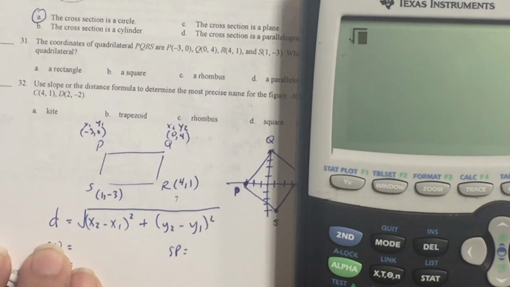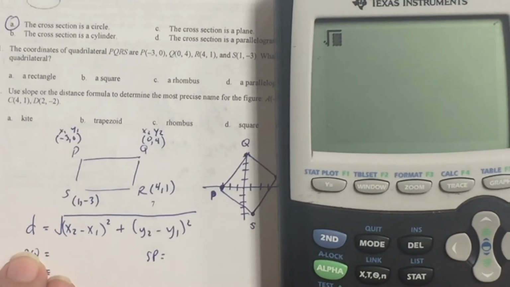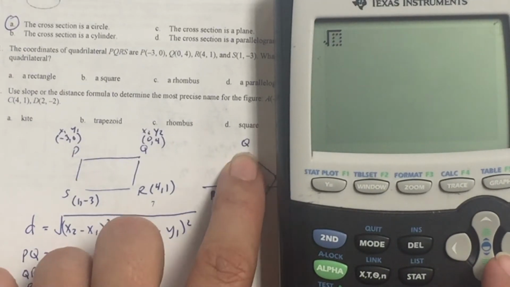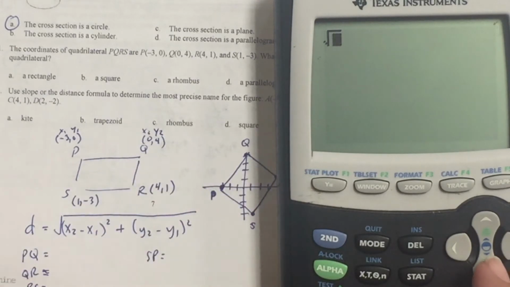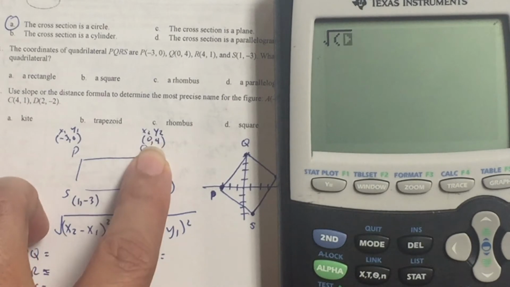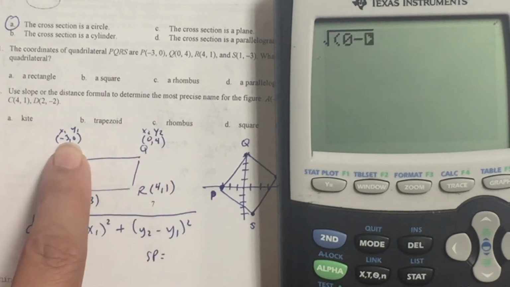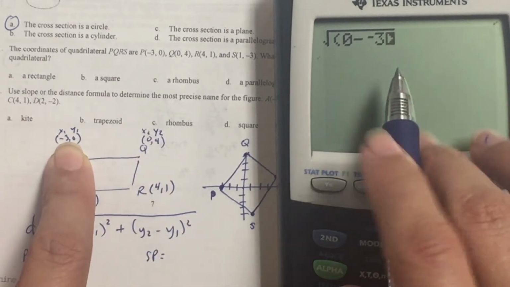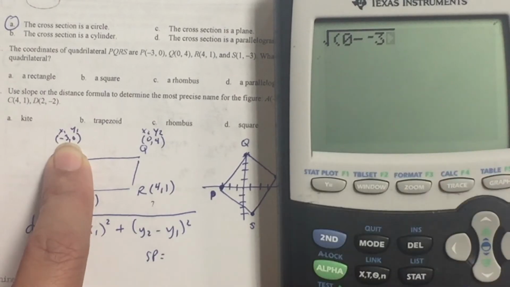And then I'm just going to put it right in the calculator. So square root of, and you could use the slope, but I'm just going to go with what I taught you. Open parenthesis, X2, which is 0, minus X1, which is -3. Now in the calculator, you have to fix that. What are those two negatives going to do? Become a positive.